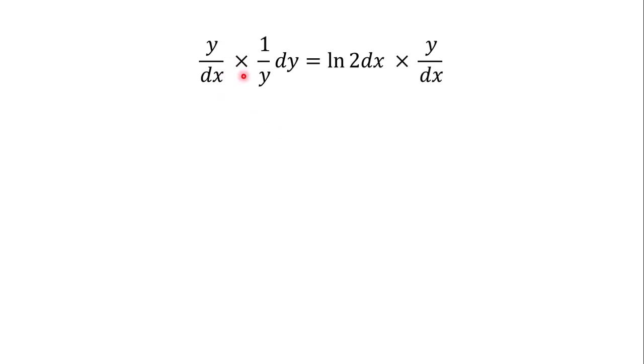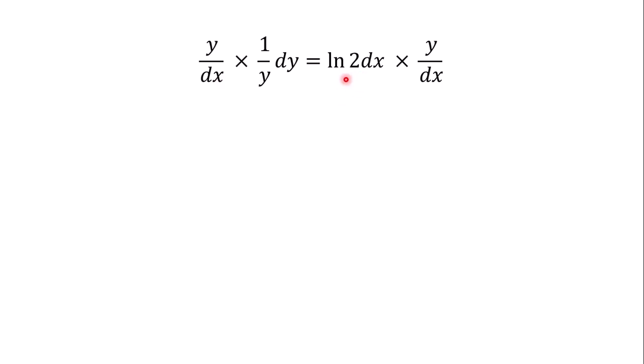Now y over dx multiplied by 1 over y dy is equal to ln 2 dx multiplied by y over dx. Here, this y will cancel out with this y, and it will be left with dy over dx.